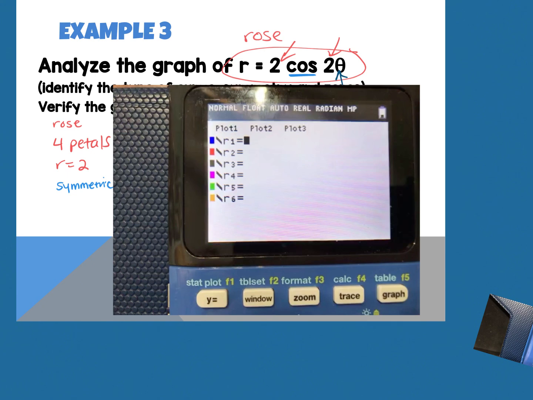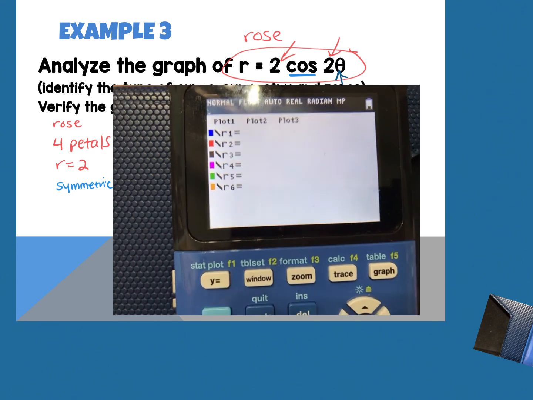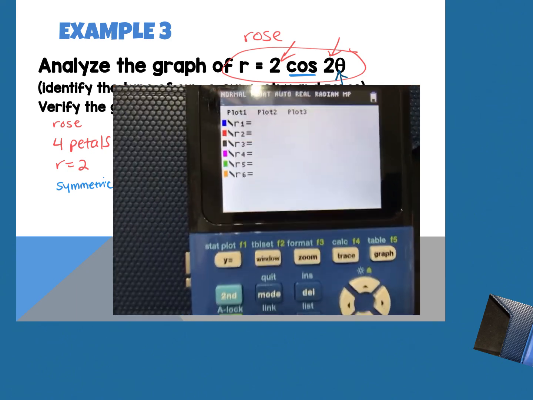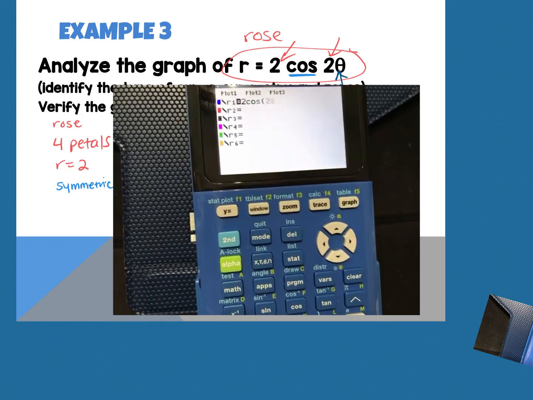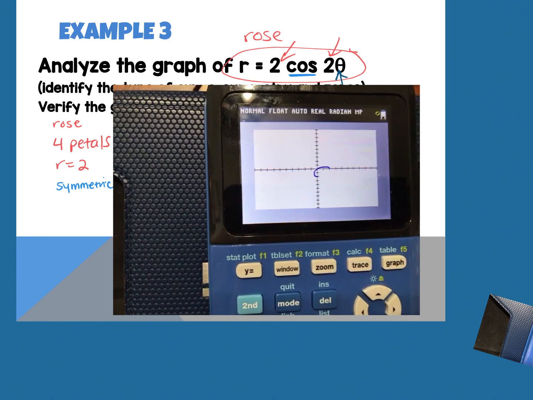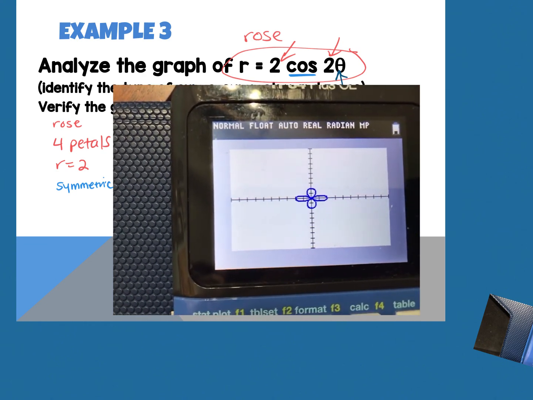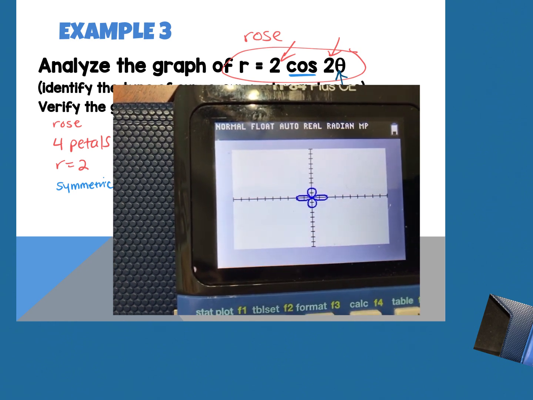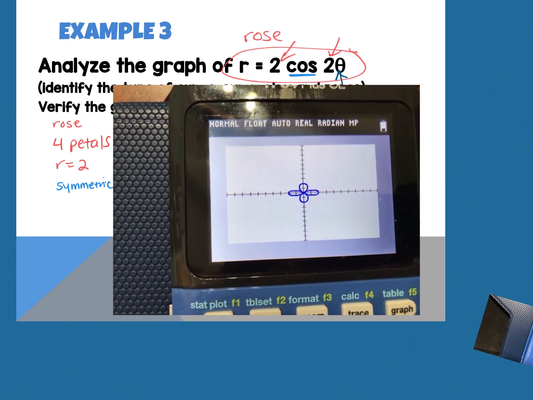Okay, so I'm in polar and radians. And remember, if you're in polar and radians, then my variable is going to be theta. So I go to the y equals, I would do 2 cosine 2 theta, hit enter, hit graph. And there's my rose. If I zoom in on this, I'll find that those points are directly at 2. Like on the right, it goes out to 2. On the top, it goes up, left, and down.